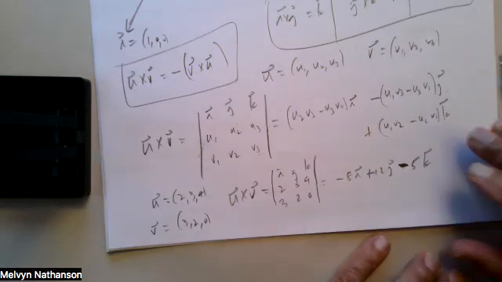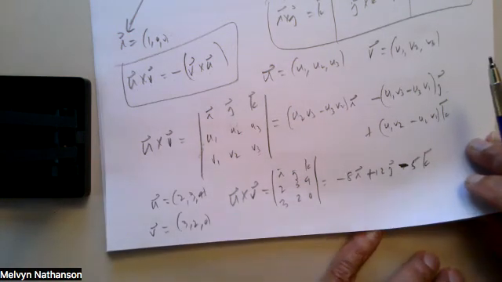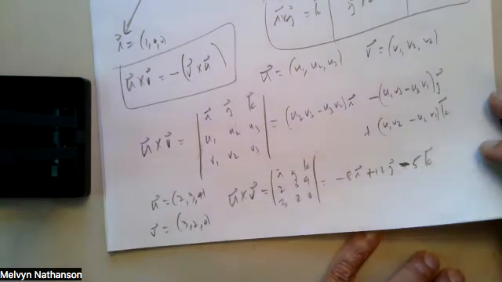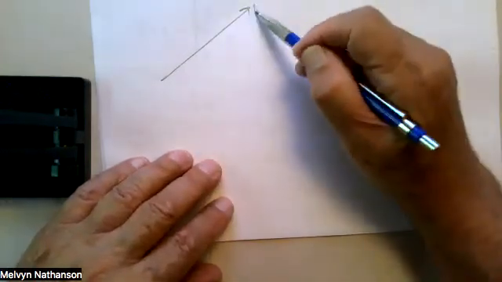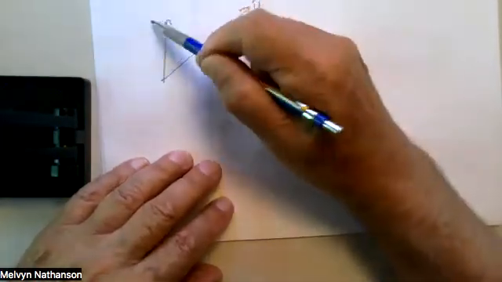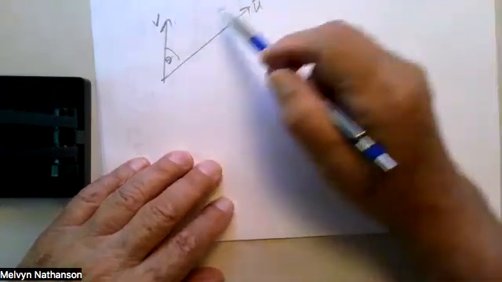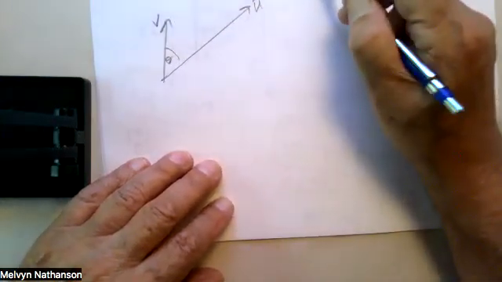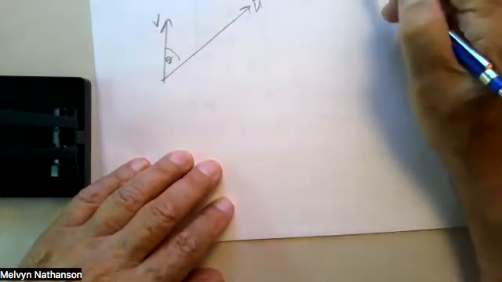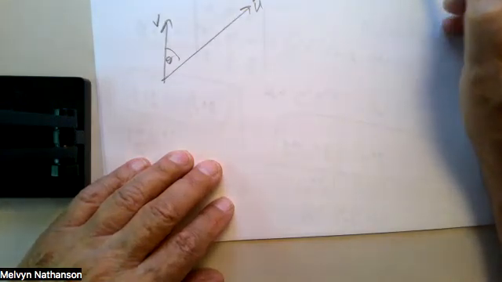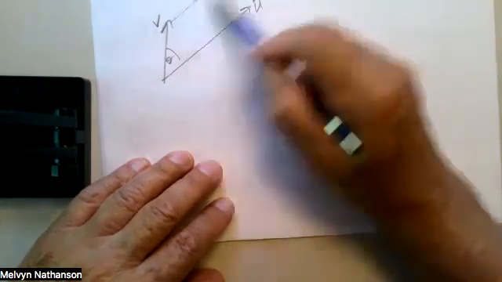I should make one other remark about the geometrical meaning of at least the length of the cross product. So suppose I have a vector u and a vector v, and this is the angle between them. So the length of the cross product is the length of u, the length of v, times the sine of the angle between them.